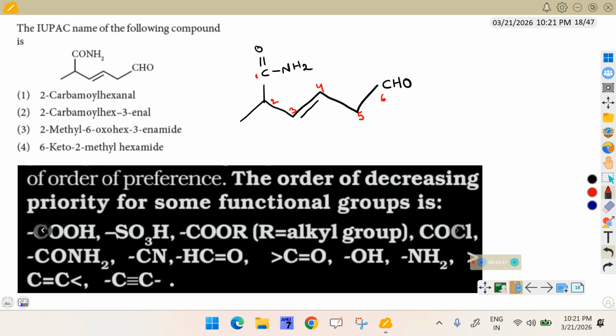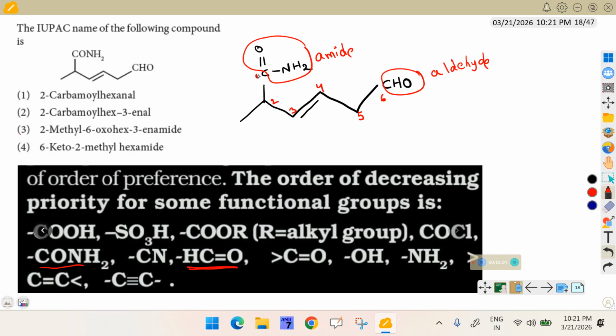The IUPAC name of the following compound. Here two functional groups are present. One is the amide functional group and the second one is the aldehyde functional group. Among amide and aldehyde, which is the high priority group? Amide is present here, aldehyde is present here. So amide is the high priority group.